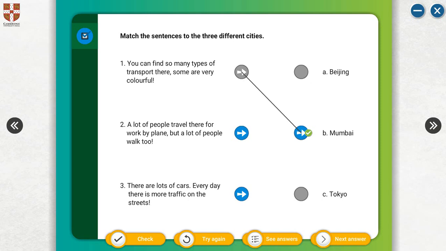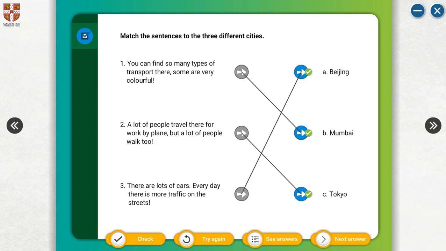The video refers to the work, travel by plane, about Tokyo, because many people in Tokyo, in Japan, travel by plane. Also, they walk too. And the last one is Beijing.